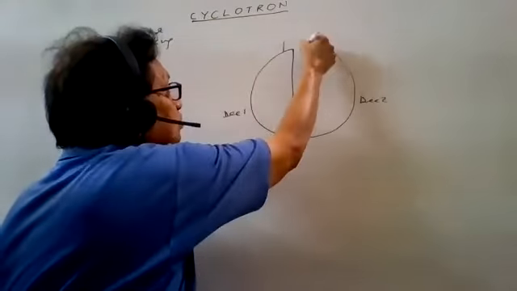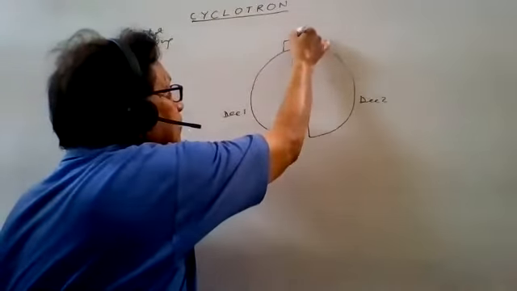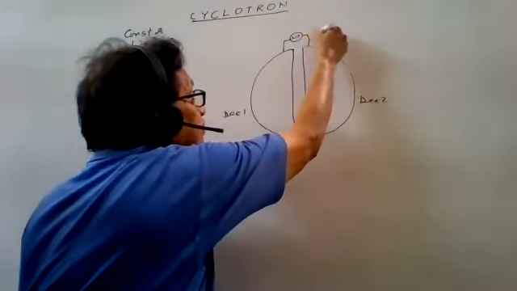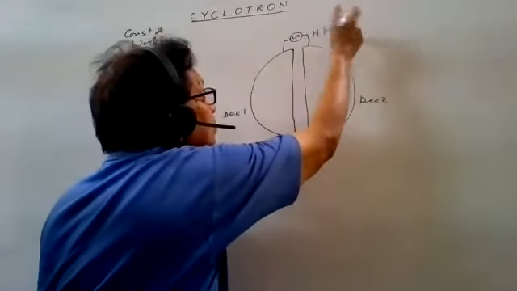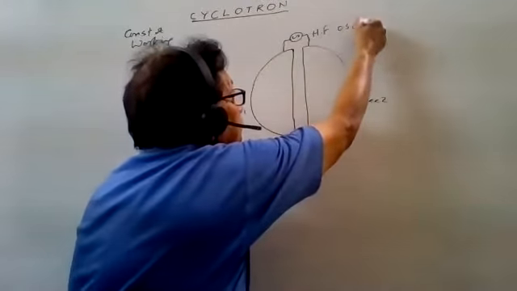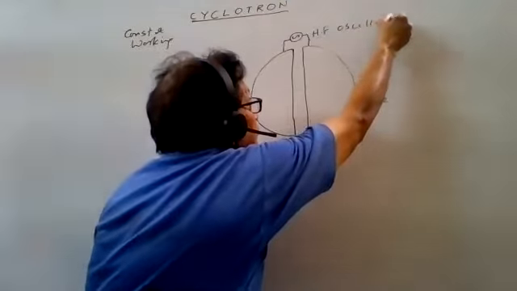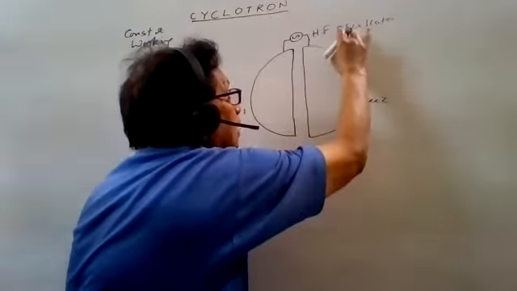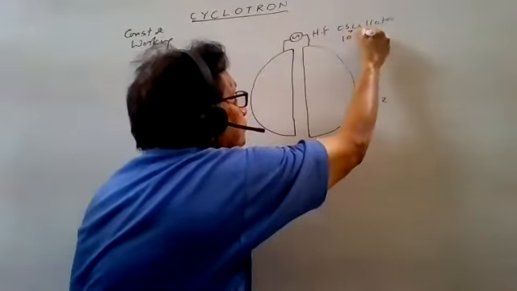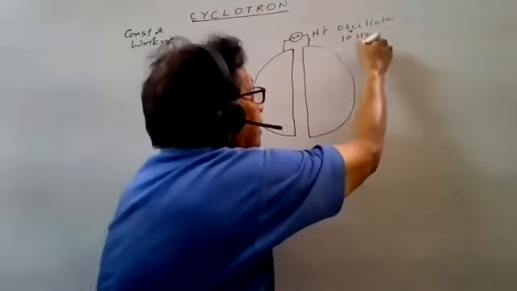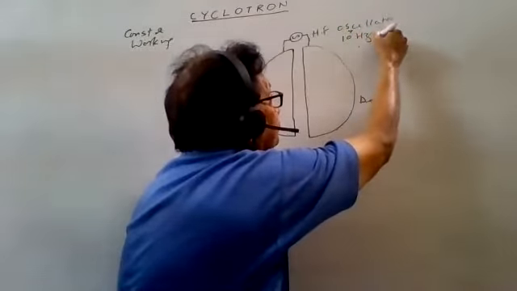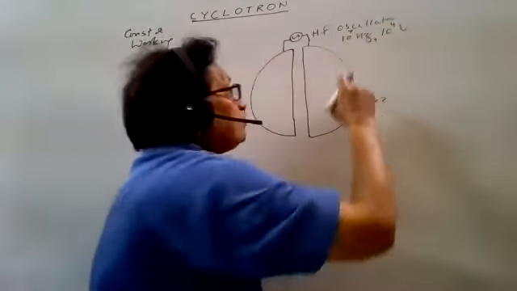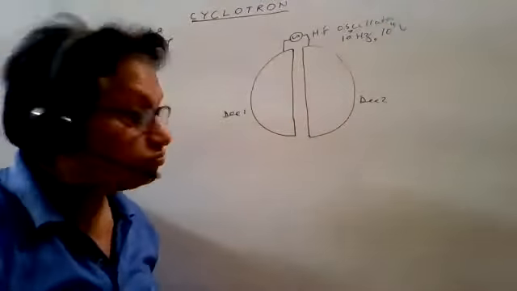Now these two Ds are connected with a high frequency oscillator of the order of 10⁻⁷ Hz, and voltage here is roughly 10⁴ volt, means 10,000 volts.